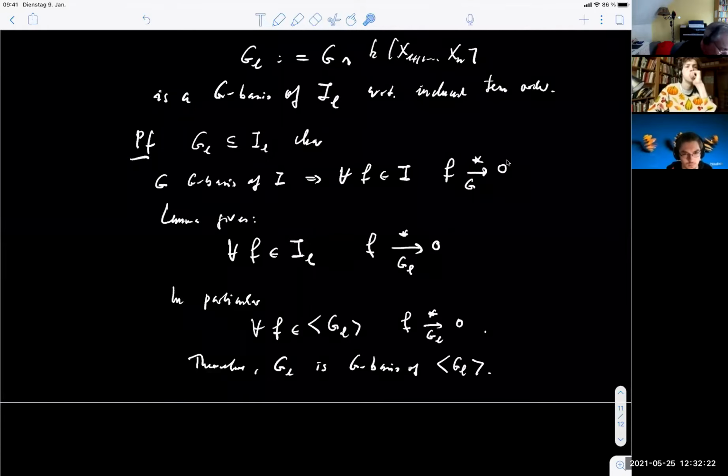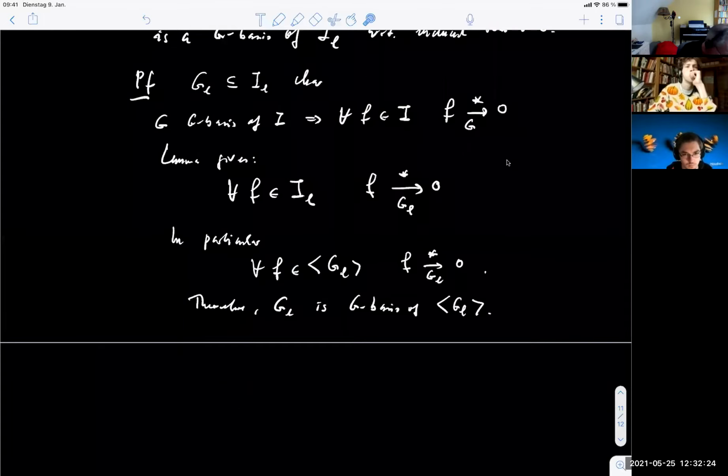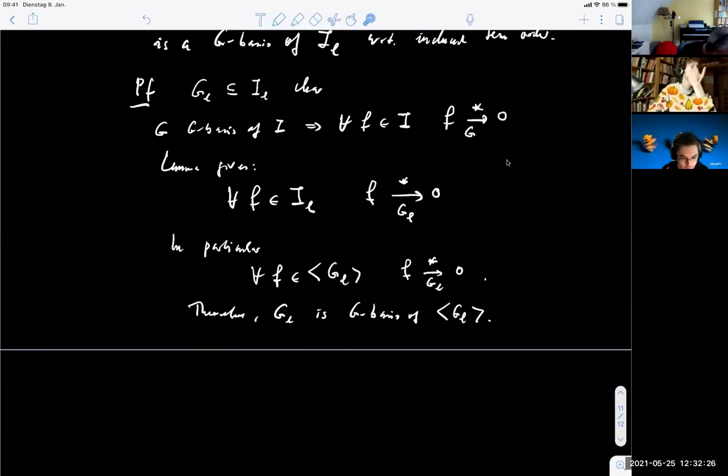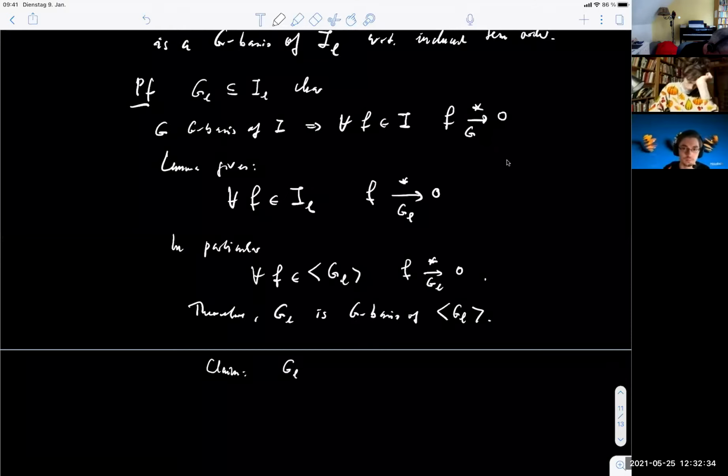Okay, and to complete the proof, the only thing that remains to show, let me put this claim, is that actually the GL generates the elimination ideal.